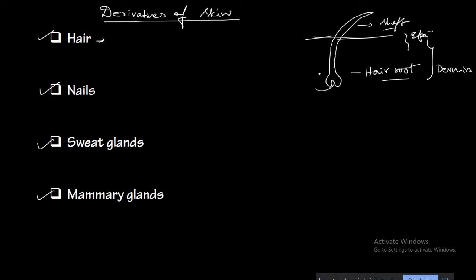The muscles known as the erector muscles are attached to the hair. These are able to pull the hair and make it stand.